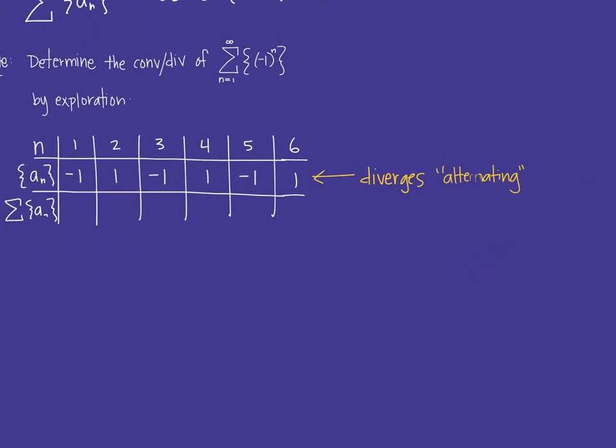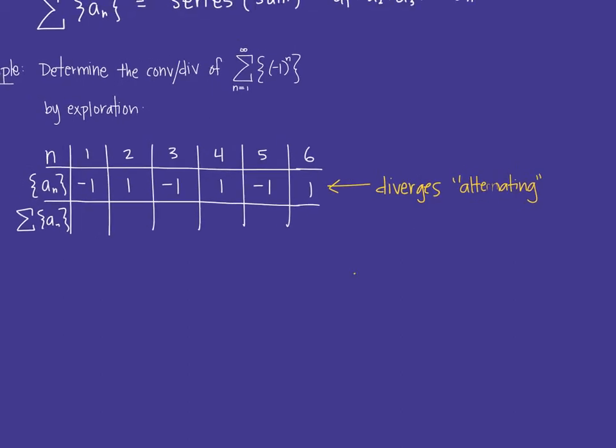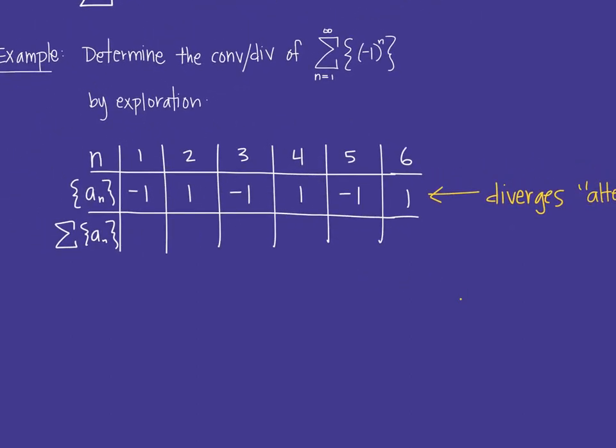All right, let's look at the sum. For the first term, the sum is how much? Negative 1. For the second term, the sum is 0. We call these partial sums. So the first partial sum was negative 1. The second partial sum is terms 1 and 2 added together. That was 0. What's the third partial sum?